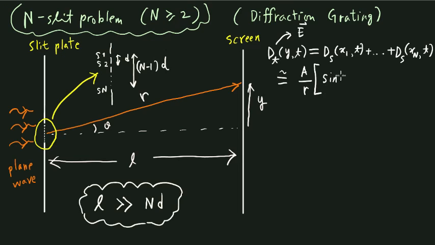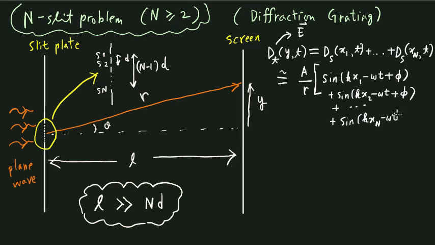And so what we have here is sine of kx1 minus omega t plus any initial phase phi, plus sine of kx2 minus omega t plus phi, and so on and so forth, going all the way to sine of kxn minus omega t plus phi.